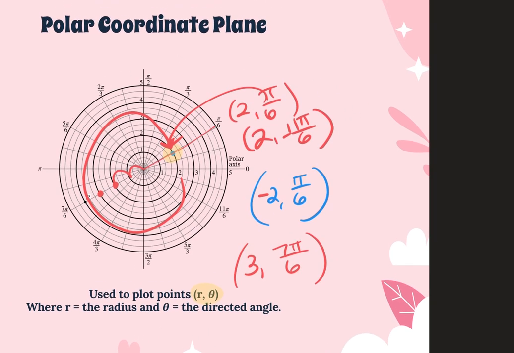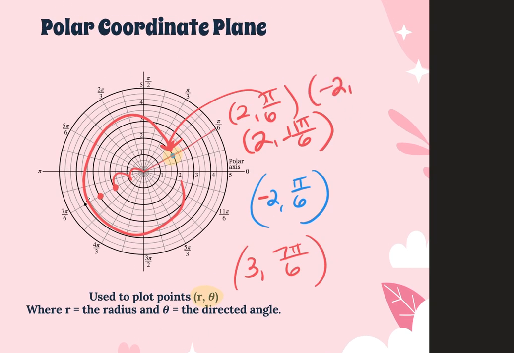I could also say negative 2, 7 pi over 6, because instead of going towards 7 pi over 6, I go away from it. Or I can say negative 2, negative 5 pi over 6. Negative 5 pi over 6 is this angle, and it's saying count away. So it'll ask you for multiple representations of the same angle, and that's the concept.